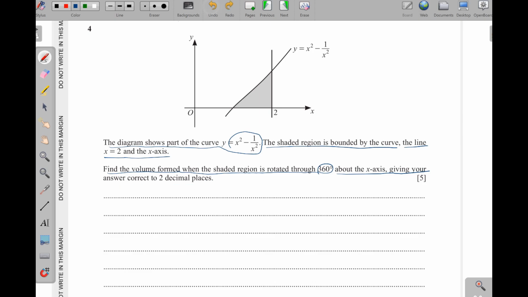Okay, now when we rotate this one about the x-axis, we are going to produce something like this here. So it will be a mirror in here, and then we shall form things like that.